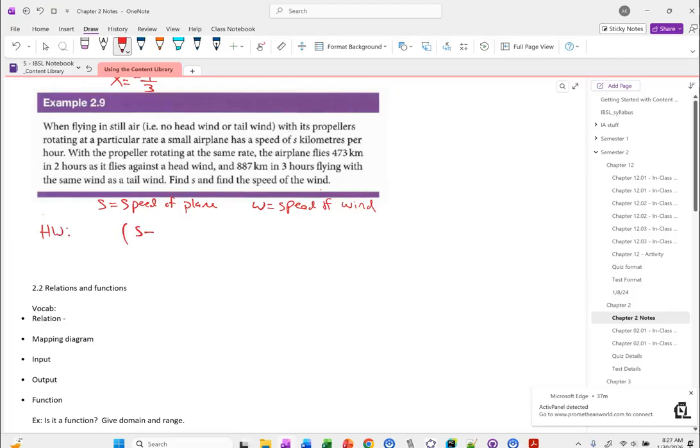So if there's a headwind, the speed of the plane minus the speed of the wind, that'll be my rate, times time is equal to distance. Everybody agree? So here I have S minus W times 2 is equal to 437.